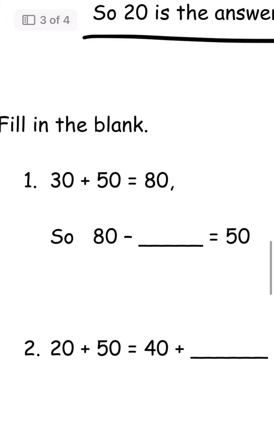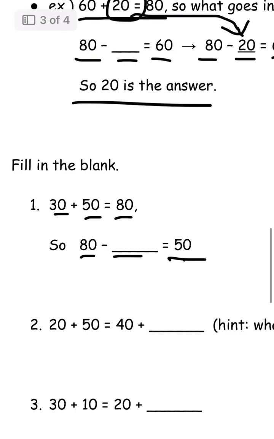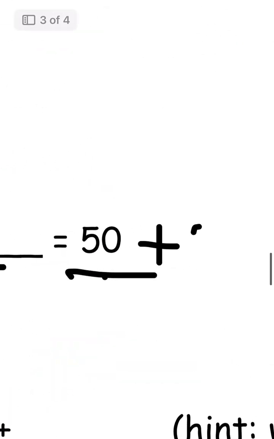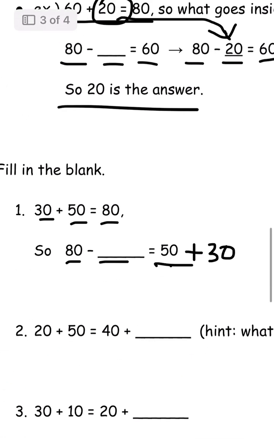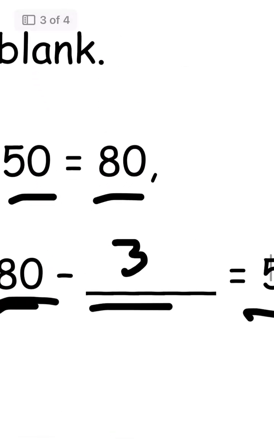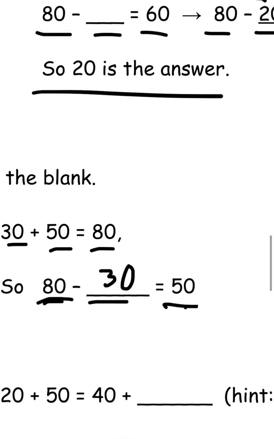It says 30 plus 50 is 80. So 80 minus blank is 50. Again, if it was 50 plus 30 is 80, then it means that 80 minus 30 is 50, right?